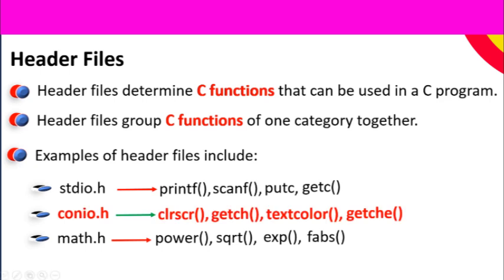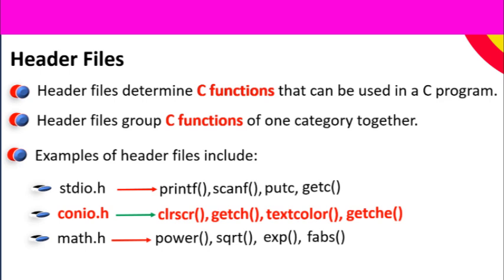But look at the colored header file, this line here. I want to tell you that most of the compilers don't recognize this, and in fact it is not part of standard C. Standard C is what they call ANSI C, which I will show you ahead in this very tutorial.